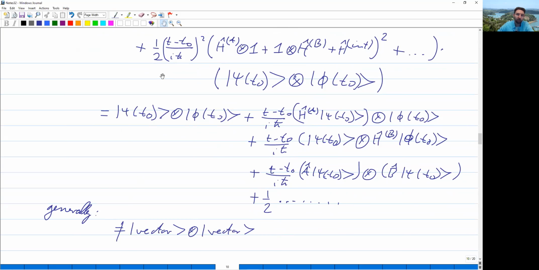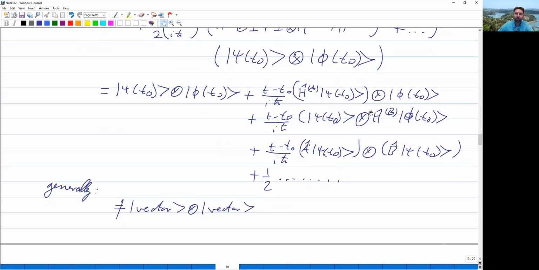Because it's the sum of lots of vectors, like this vector plus that vector plus that vector plus that vector, and plus a whole string of lots of vectors, and it's not of this form. Instead, what it is of the form of is like a sum over j, and then you would have some vector j tensor vector, and also some label j here. So it's entangled.